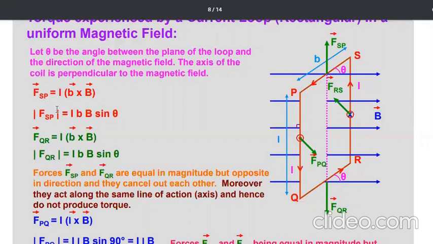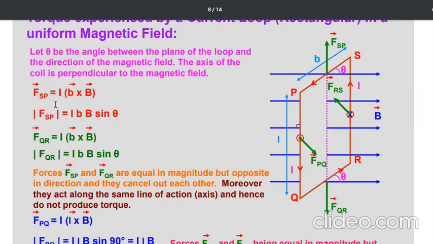So magnetic force acting on this arm is F_SP equal to ILB sine theta. Here I is the current flowing through this arm, and B is the length of PS, that is the width, breadth of the rectangular loop. So here it is B.